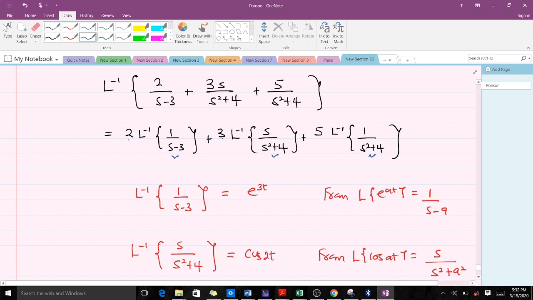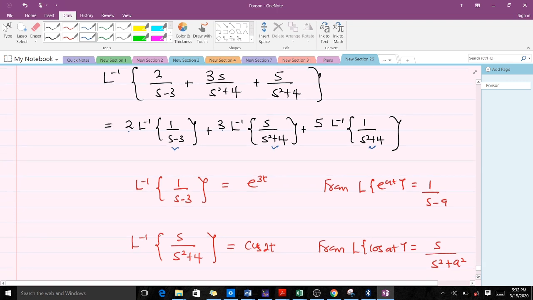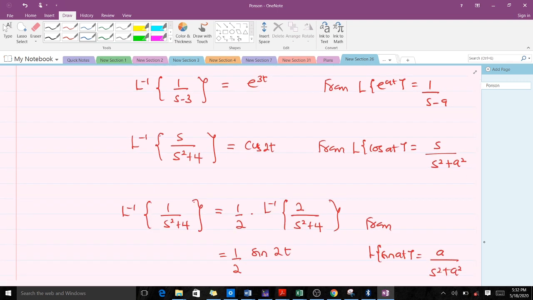And when it comes here, Laplace inverse of 1 over s squared plus 4. So note that Laplace of sine at is a over s squared plus a squared. So here, for 1 over s squared plus 4, we are supposed to get some 2 on top, right? So that means you bring the 2 here, but multiply our expression by 1 over 2, so that in a way they cancel out to get this.